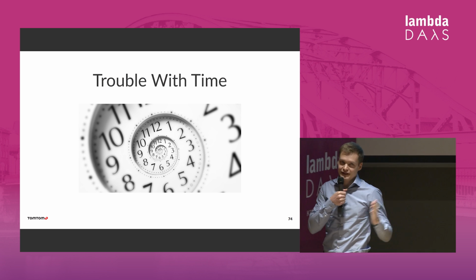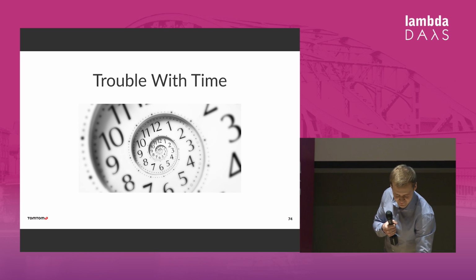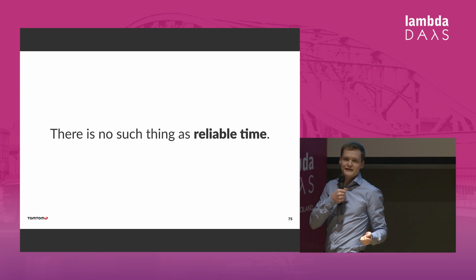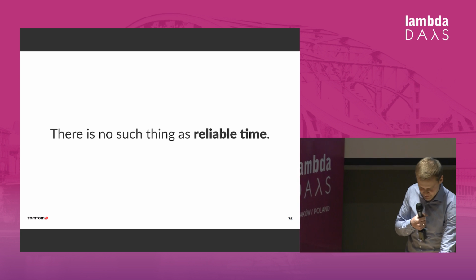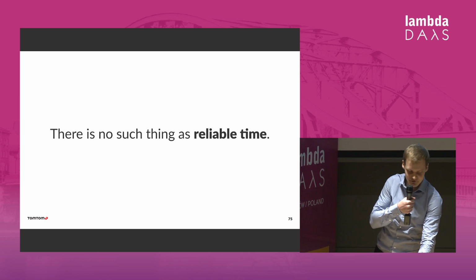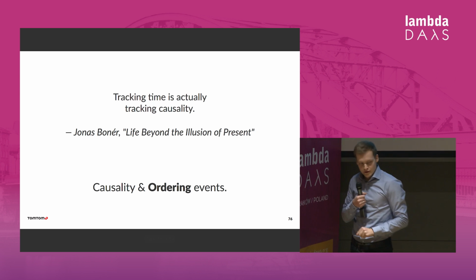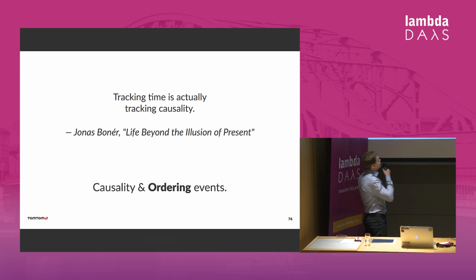So let's talk about time. Yeah, there is a problem with time. There is no such thing as reliable time, right? And that's kind of a problem, especially if you have timestamps as additional metadata for conflict resolving. I like this quote from Jonas Bonér in one of his presentations.